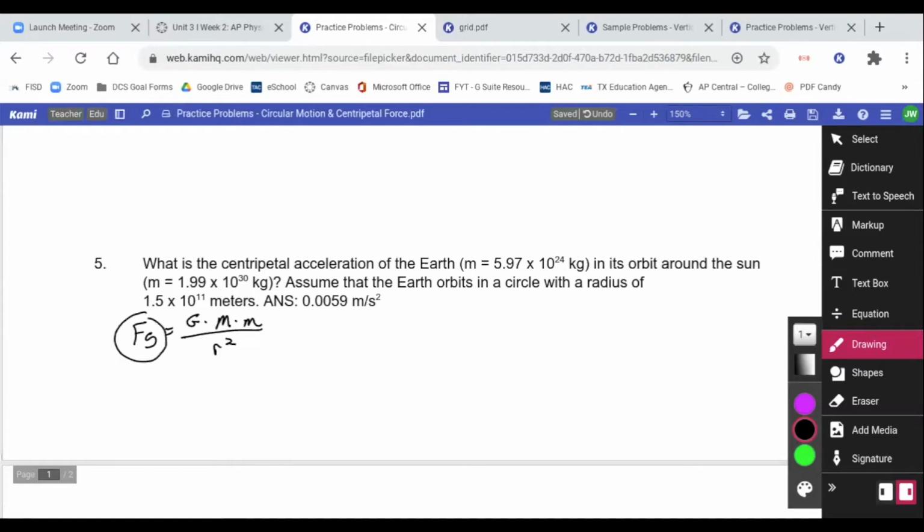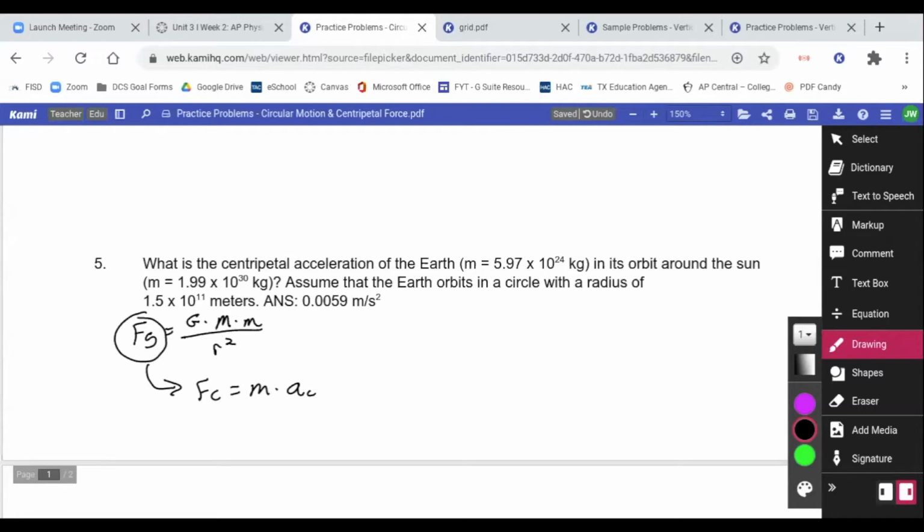So I'm going to circle force of gravity, and I'm going to say it goes to centripetal force. So we have an F_c. The question asks us to find what? What is the centripetal acceleration? Well, centripetal force is equal to mass times acceleration.